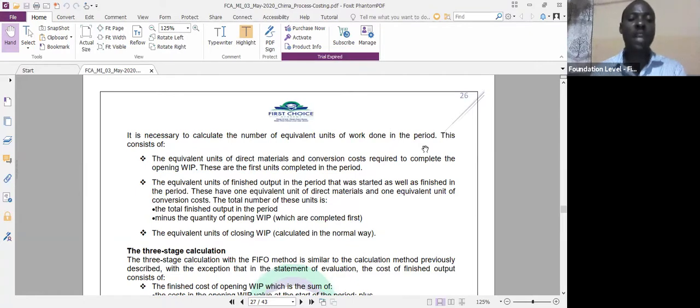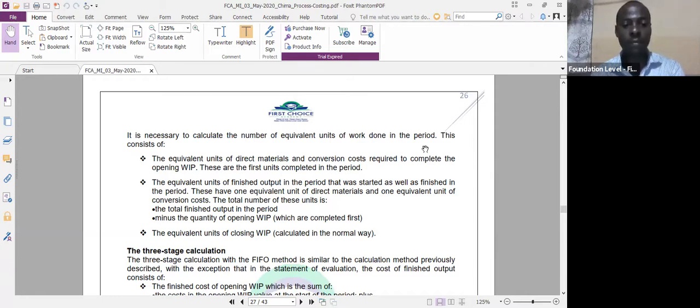Then the equivalent unit of finished output in the period that we have started in this period and completed in this period. So it means that after completing the partial thing you brought this month from last month, you finished it, you must have done something for this period, started this period, and you finished it this period.